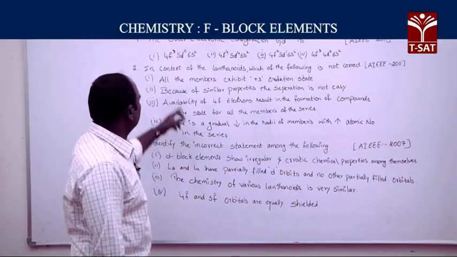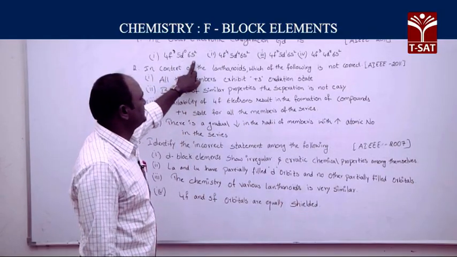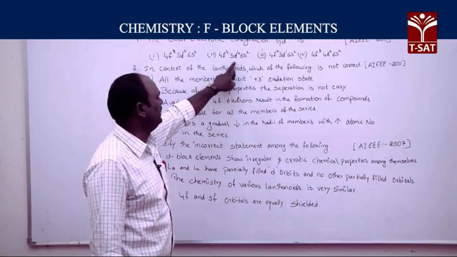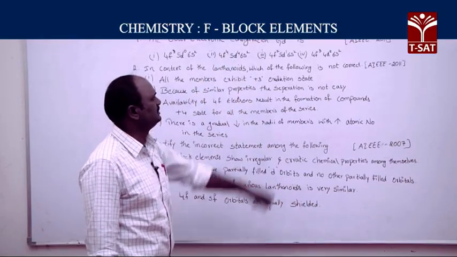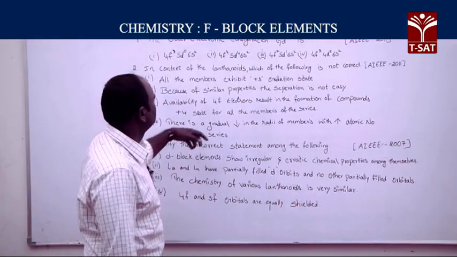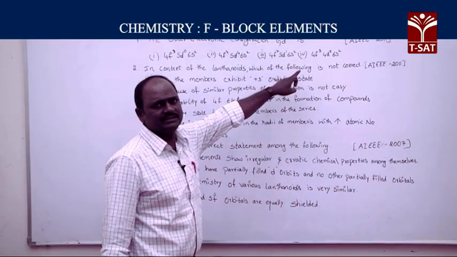Therefore, you can observe it here: first option 4f8 5d0 6s2, second option 4f4 5d4 6s2, third option 4f7 5d1 6s2.